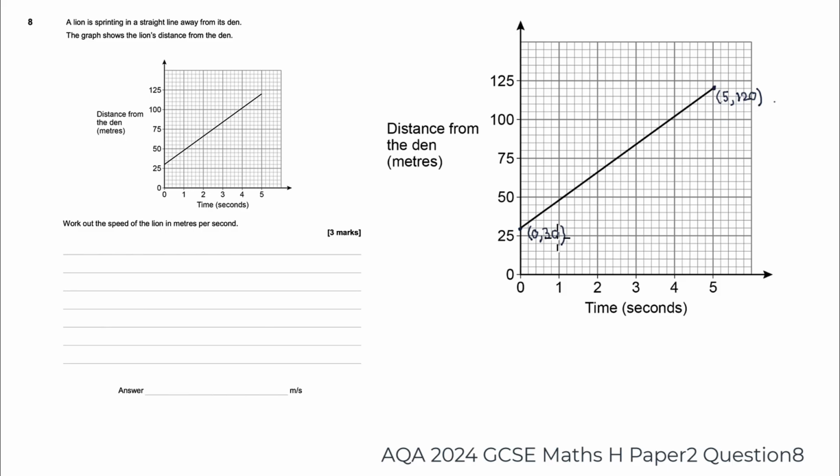So how far has it travelled? Going from 30 metres to 120, distance travelled, would take one from the other. It's 120 minus 30. Now remember, you do have your calculator, so that could be worked out if you're not sure. That's 90 metres.